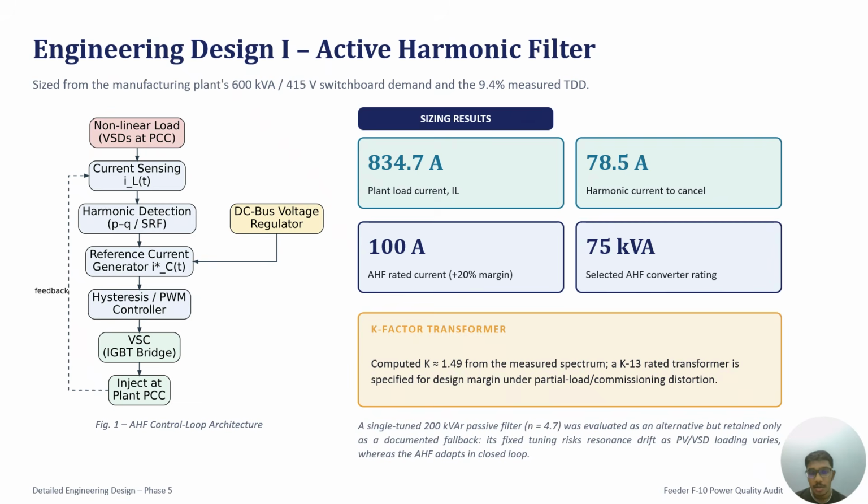As a documented alternative, we evaluated a single tuned 200 kW passive filter but retained it only as a fallback. Its fixed tuning risks resonant drift as the PV and the VSD loading varies, whereas the AHF adapts in closed loop.